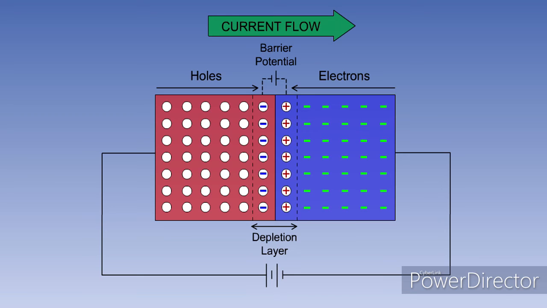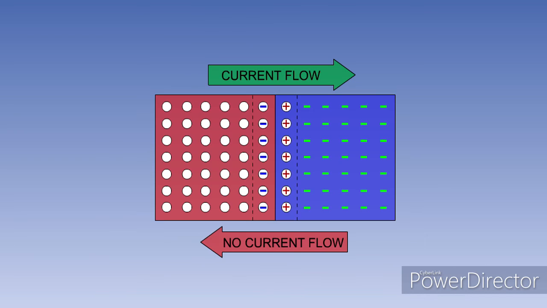Thus the barrier potential is overcome, and current will flow freely through the junction. In this configuration, the junction is said to be forward biased. The junction diode then acts as a rectifier, allowing current to flow through it in one direction only. As a reminder, here is the electrical symbol for a diode rectifier.